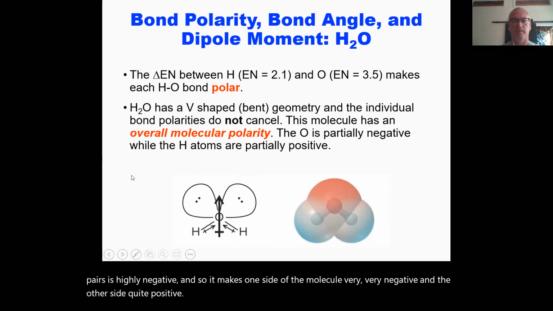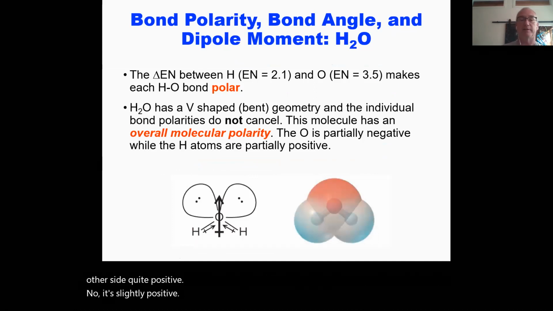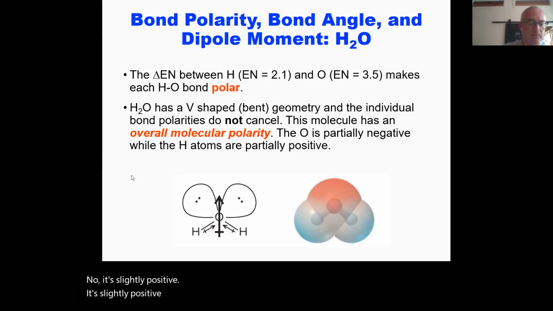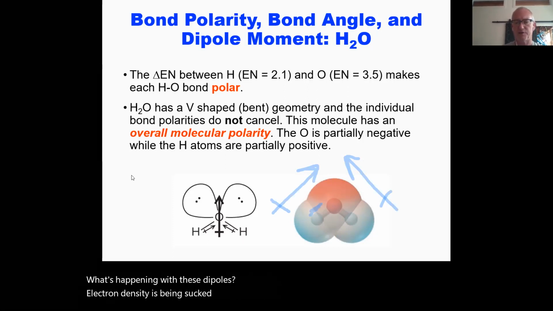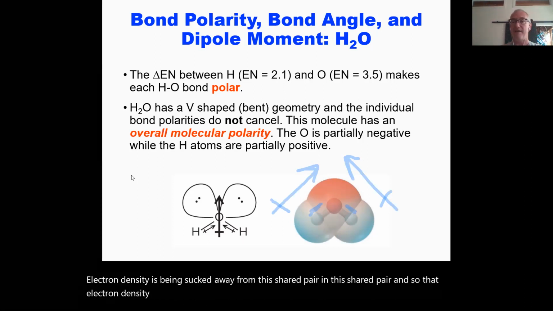Is it actually positive or just less negative? No, it's slightly positive. Yeah, because if you think about it, what these dipoles actually mean is that electron density is being pulled away from this shared pair and this shared pair. That electron density is moving away from the hydrogens and closer to oxygen.